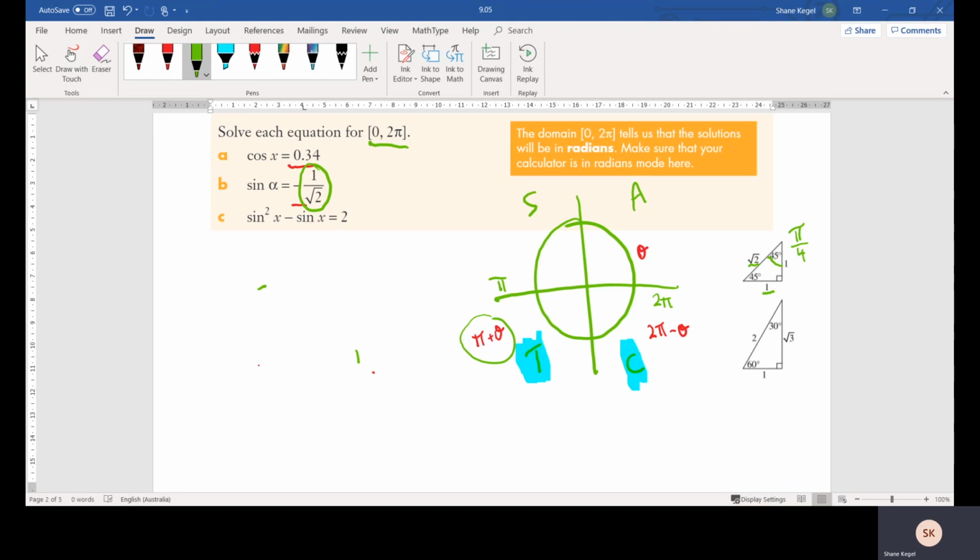So I can see that sine squared x minus sine x equals 2 is in a quadratic form. So basically, I'm going to bring the 2 across, so I'm going to take 2 equals 0. And I can tell this is a quadratic equation, similar to an equation like x squared take x minus 2 equals 0, except I'm replacing x with sine.